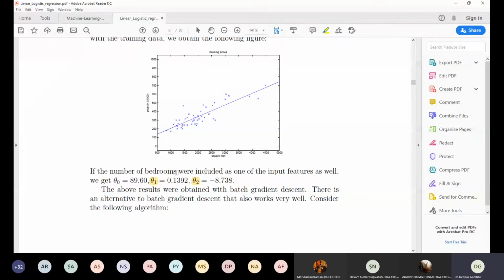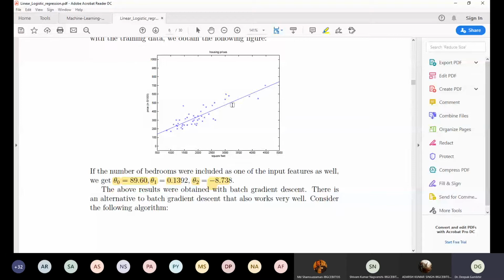When the number of bedrooms was included, theta 0 comes out to be 89.6, theta 1 would be 0.1392 and theta 2 would be minus 0.378. This time it is a linear surface. Theta 0, theta 1, theta 2 represent a linear surface, whereas previously it was represented with a simple line, because there were two parameters.